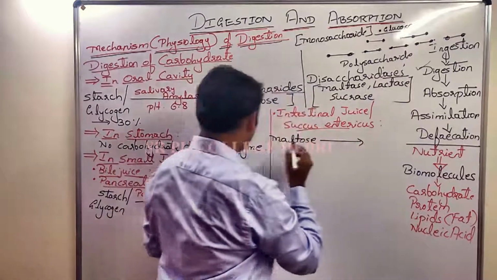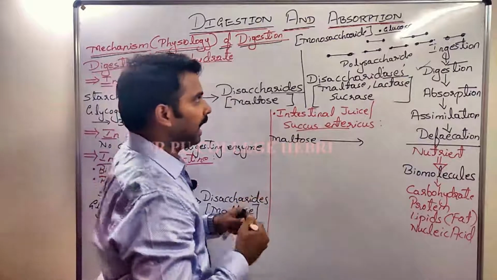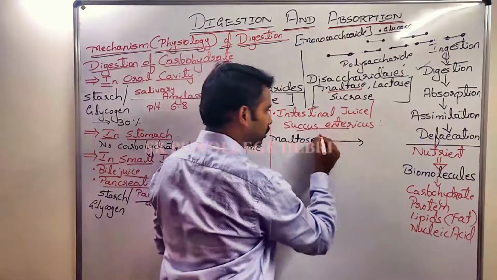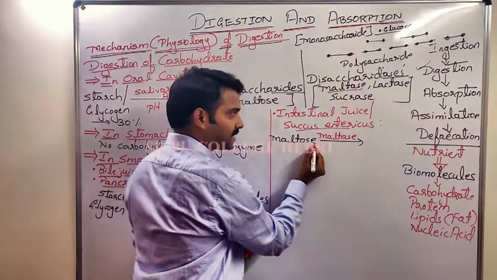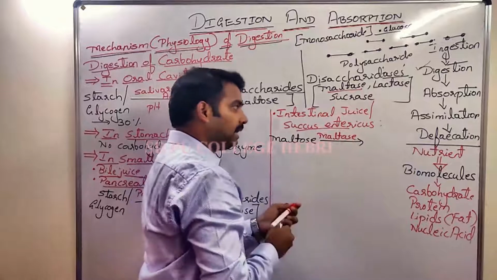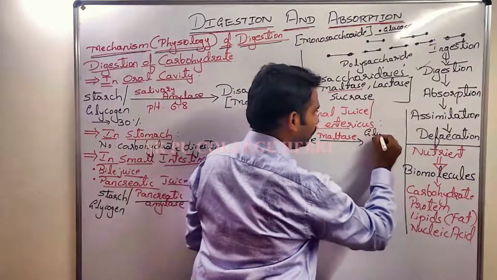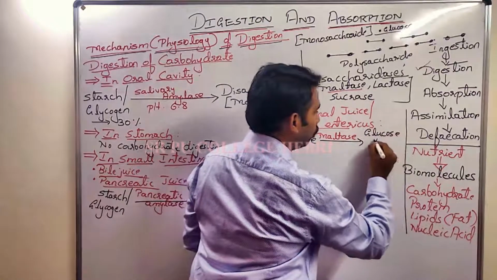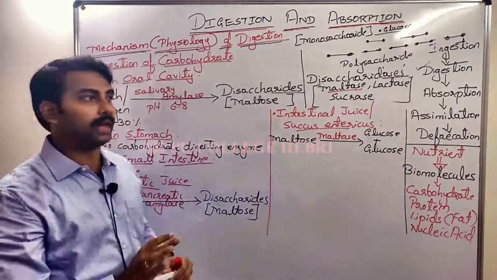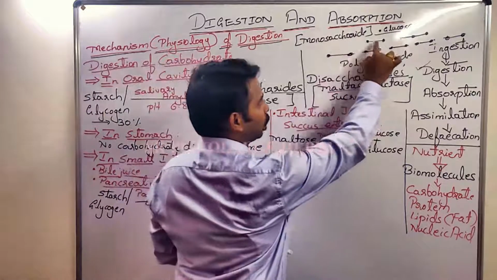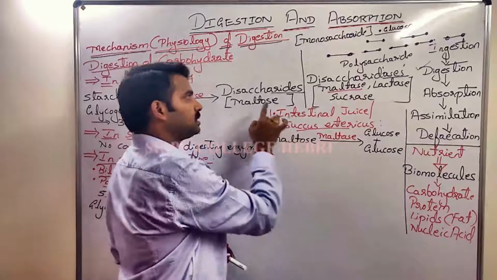Maltose in your small intestine, in the presence of intestinal juice having a disaccharidase called maltase, is broken down to glucose plus glucose. That means, dear students, when two molecules of glucose join, what is formed? Maltose.